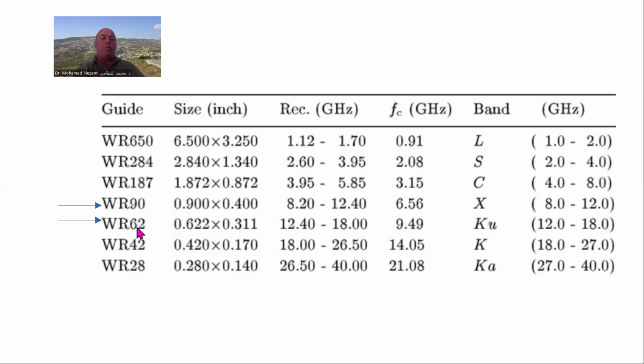And the other one, WR62, is from 12 to 18 gig. That's what we call Ku-band. Okay, so I'm going to construct some of my examples in here or here. I'm going to start today, just to illustrate the principle, using HFSS with one that is WR90, which is basically literally 0.9 inches by 0.4 inches, okay?